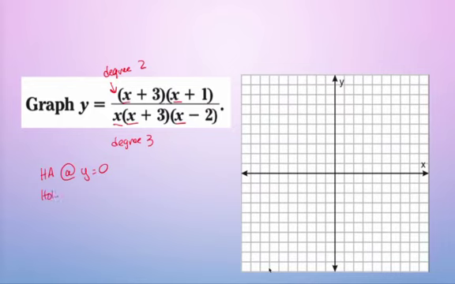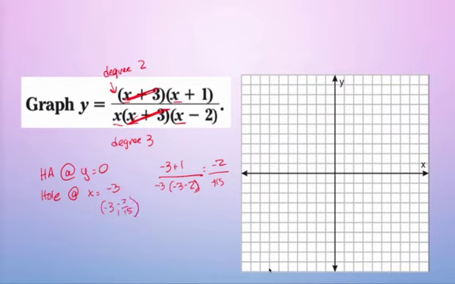We have a hole at x equals negative 3, because that would cancel out. If we plug negative 3 back into the function after we cancel this out, that's going to be negative 2 over negative 3 times negative 5, which is positive 15. So we have a hole at negative 3, negative 2/15.